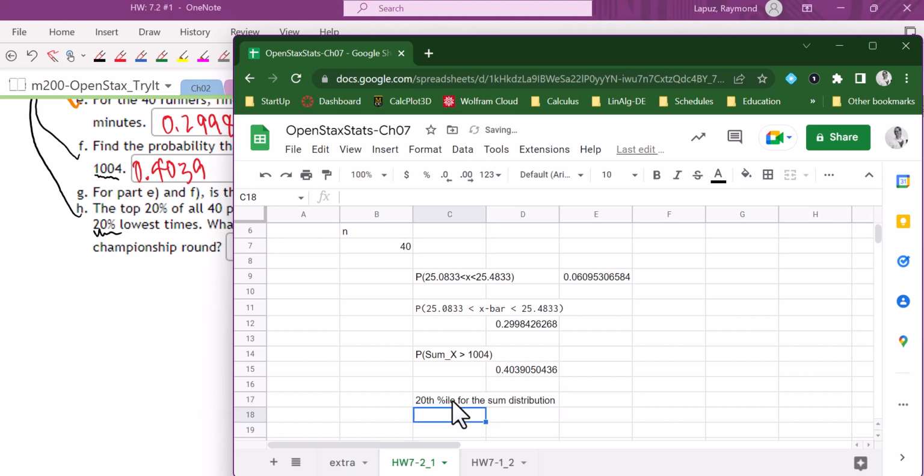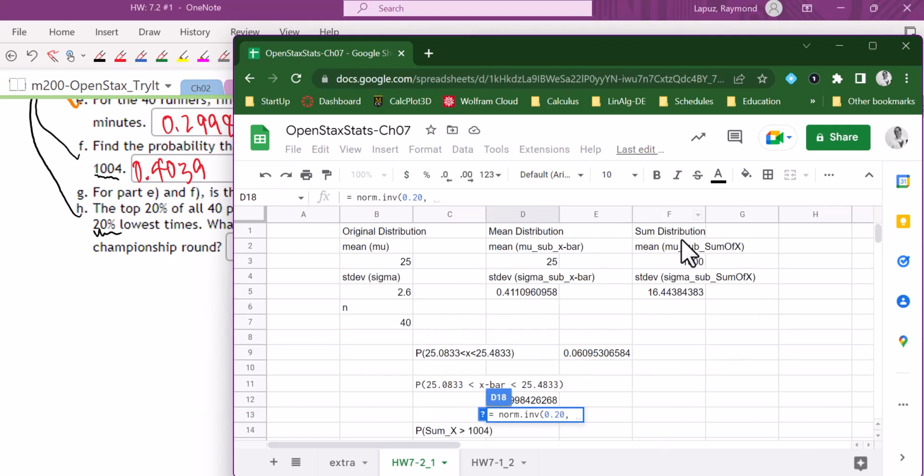All right, so we will say equals norm.inv, and then we will have the value 20%, 0.20, and then the mean in this case will be our sum distribution mean, comma, and our standard deviation would be given here.